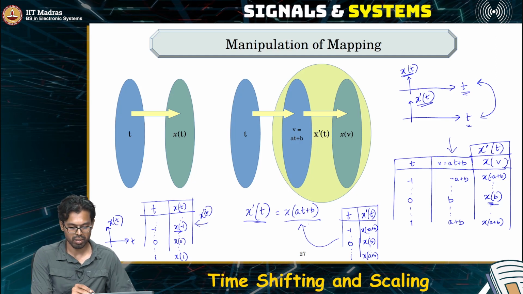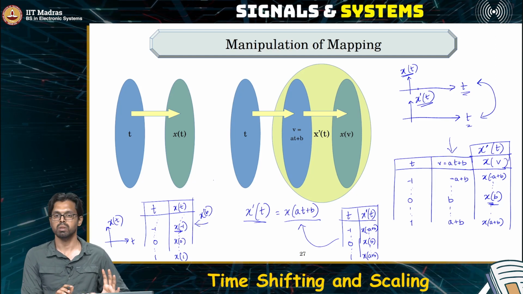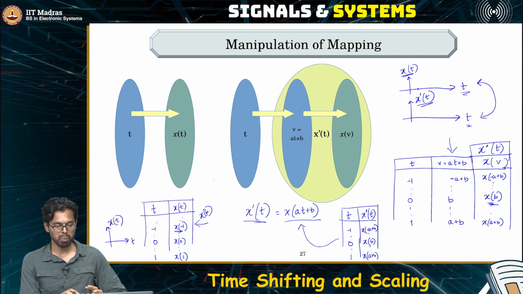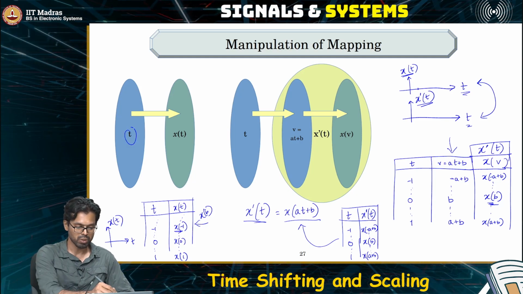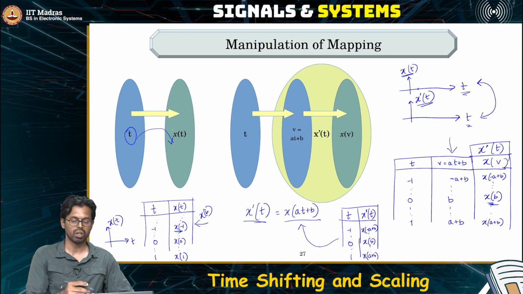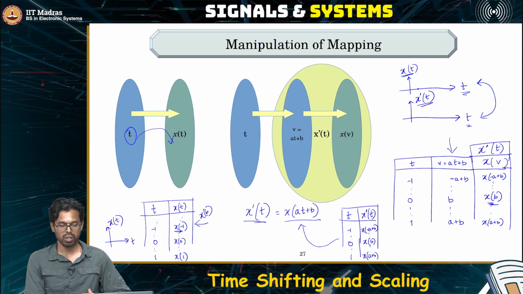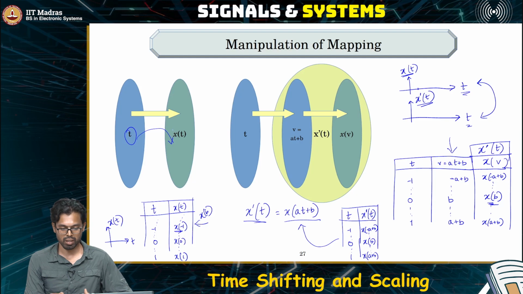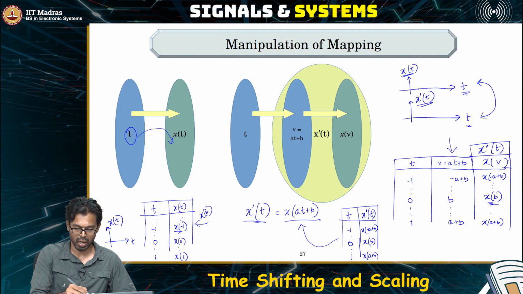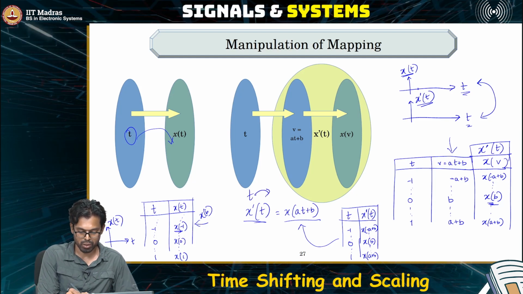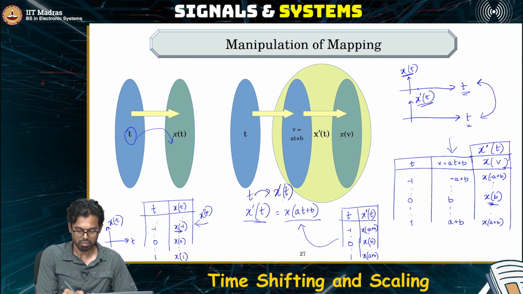So as you can see here, this diagram, this Venn diagram sort of a thing, explains this entire operation. You just map the values of t here to x of t. That's your original signal. Now what you have to do is come up with a totally new signal. In other words, you have to create this map which is between t to x dash of t.